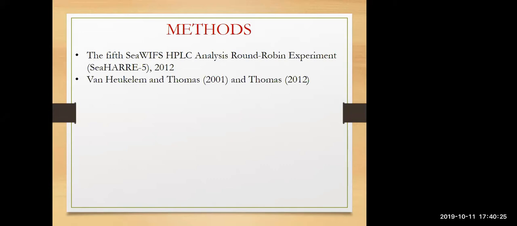From this analysis, this publication and others, the most recommended method, the most accurate method, is that of Van Heukelem and Thomas, first described in 2001, and then described in this same 5th SeaHARRE HPLC round robin by Thomas in 2012.